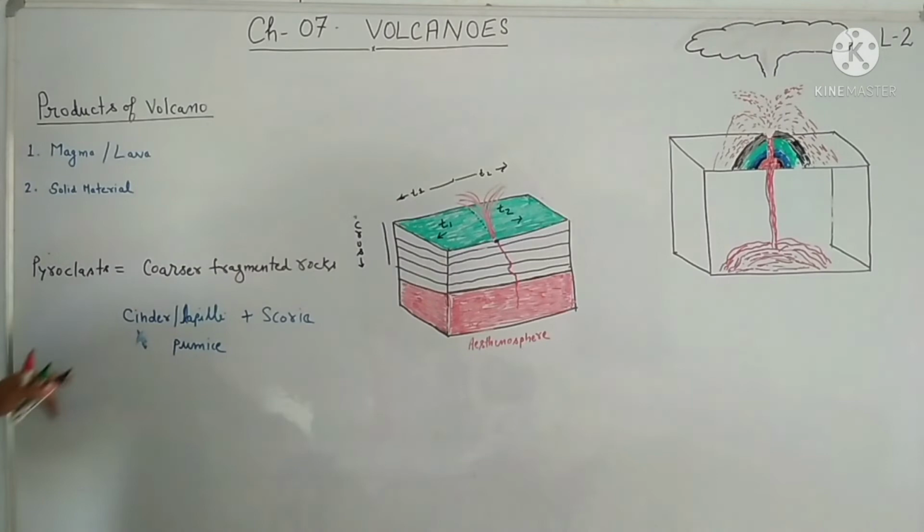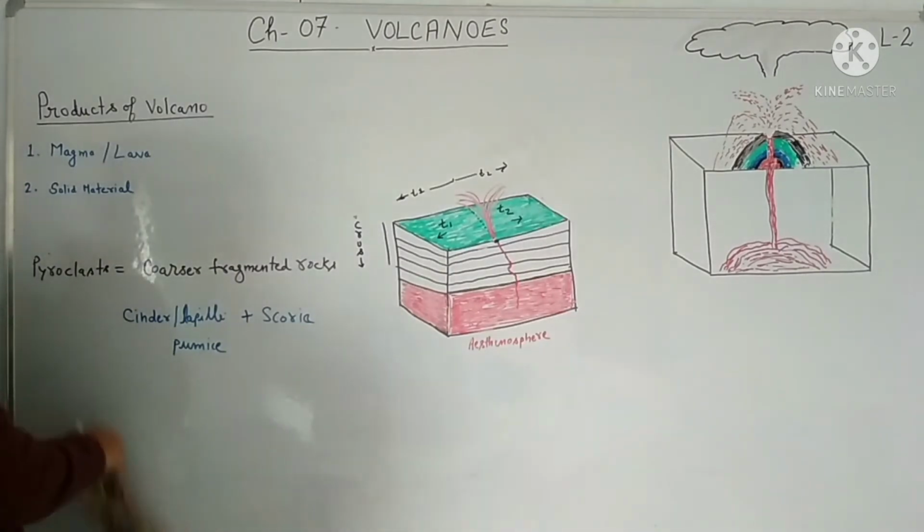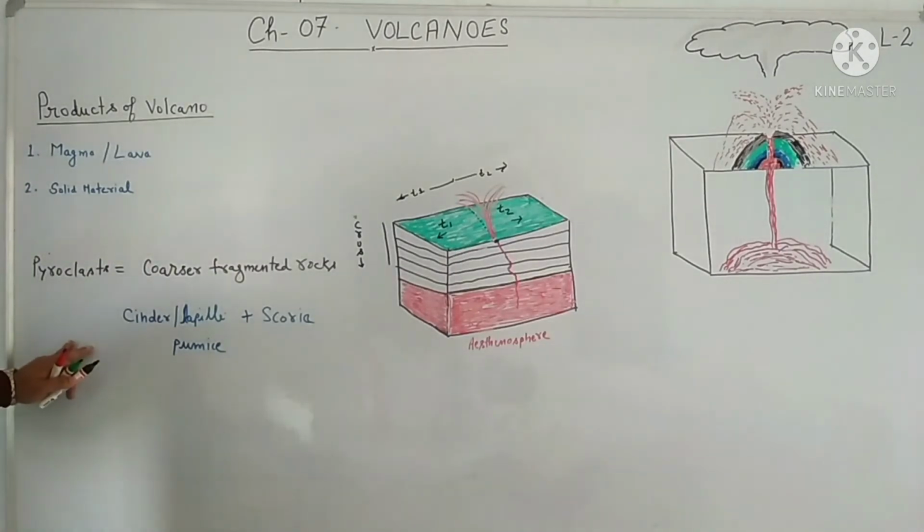So these are the fragments on the basis of size, clear. These all are called pyroclast altogether.